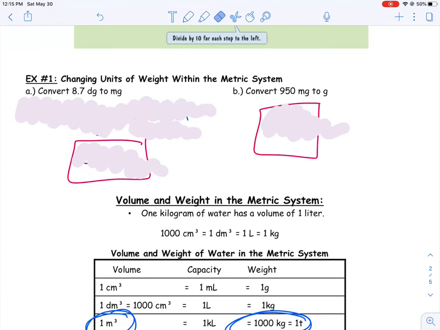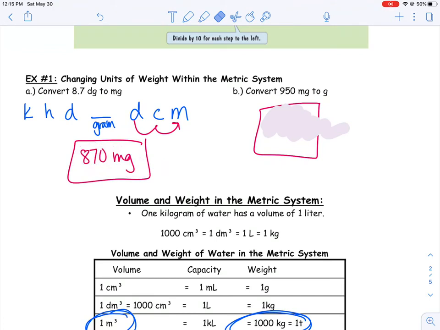And so because of that, we're going to use our King Henry saying. King Henry died drinking chocolate milk, where our base unit would be grams, the one in the middle. I know that I'm starting at decigrams and I want to go to milligrams. And so I need to move my decimal to the right twice. I need to multiply by 10 again. And so for every 8.7 decigrams, there's really 870 milligrams.